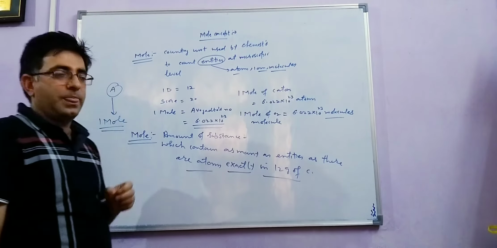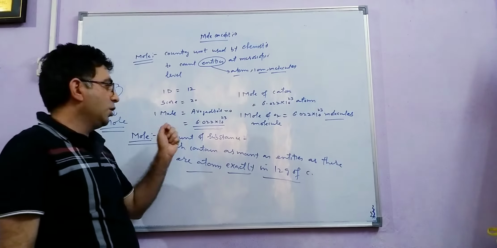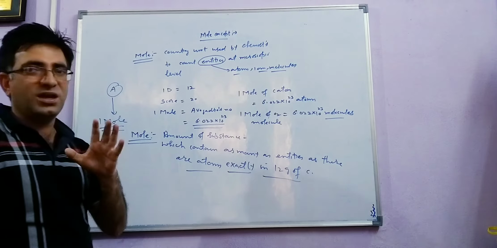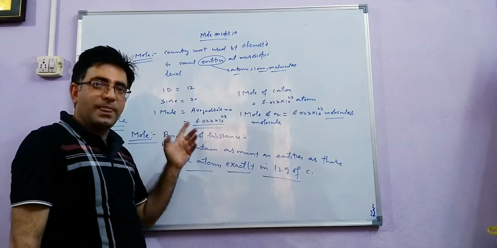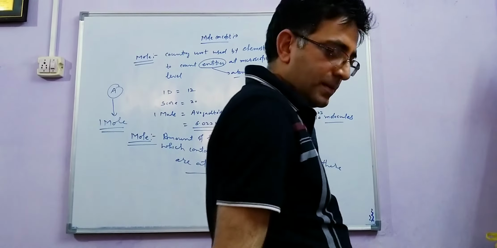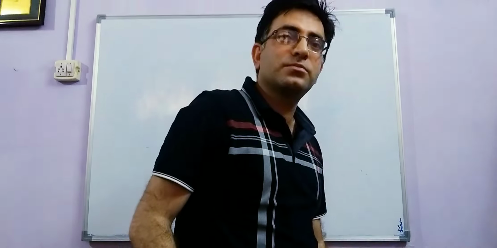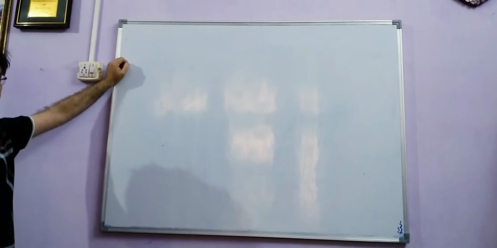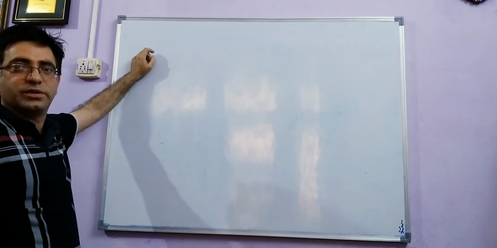Now the question comes to our mind, how can one calculate the value of Avogadro's number as 6.022 into 10 raised to 23? Now we are going to discuss how to calculate it.